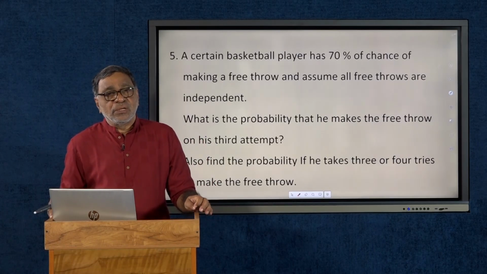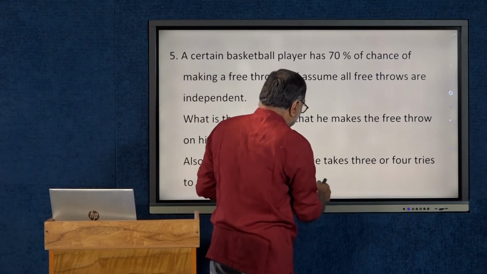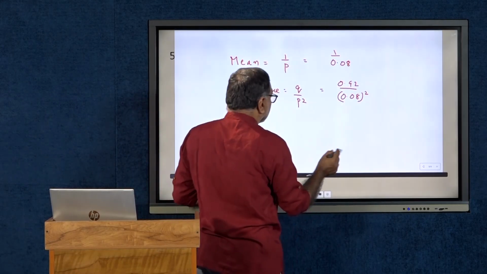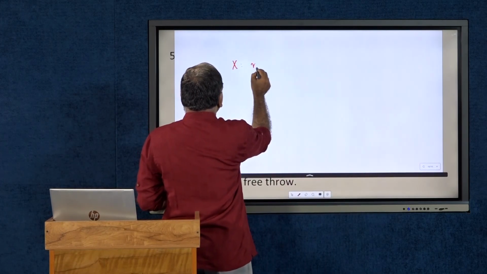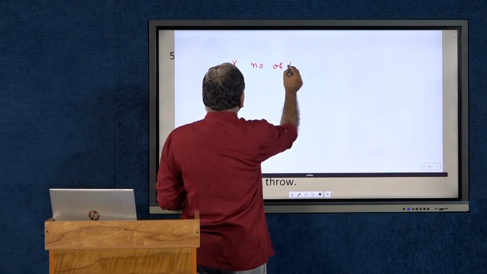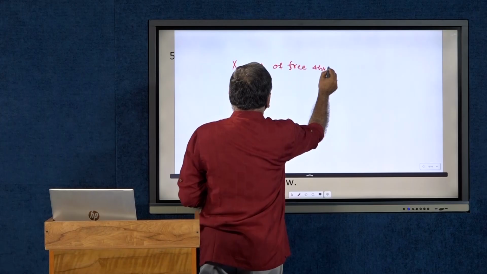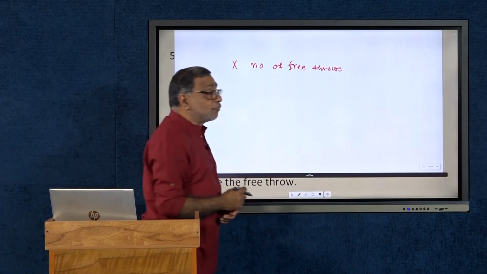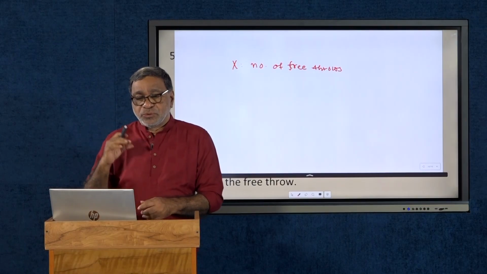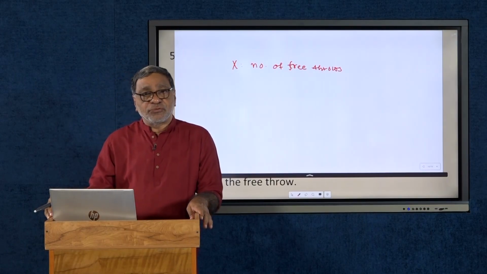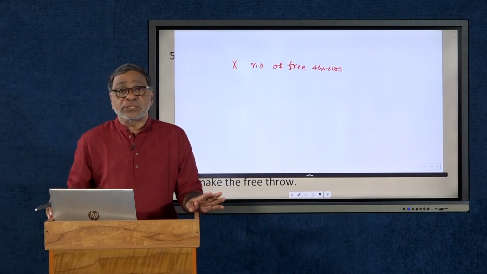So what is the probability distribution of that random variable? What is the probability that he makes the free throw on his third attempt?